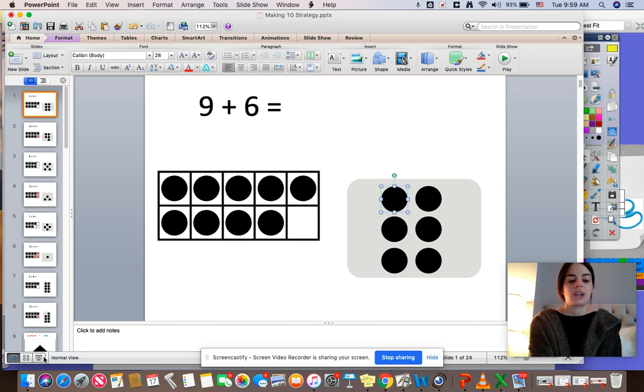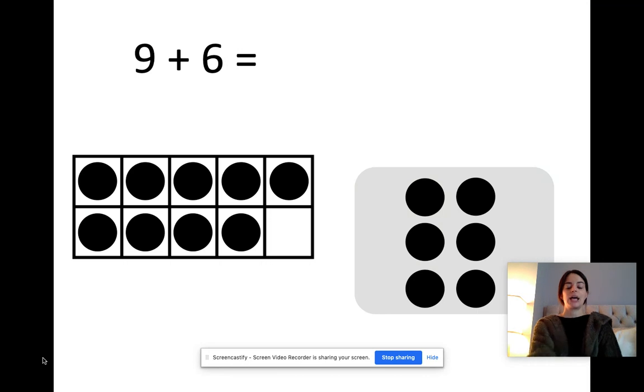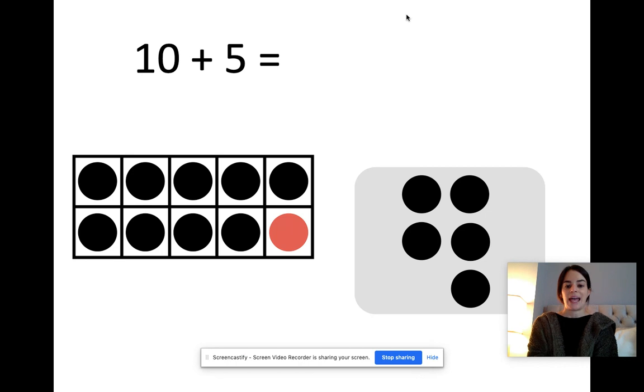We are going to start this math fact drill by looking at our numbers. We have 9 plus 6, and we can see that there is one box open. So I'm going to say 9 plus 6 is the same as 10 plus 5 is the same as 15.